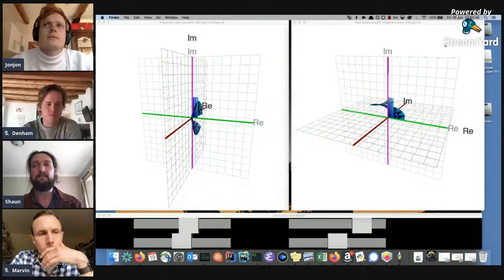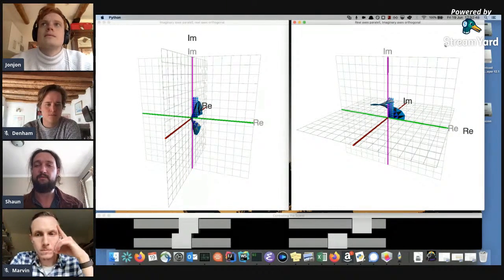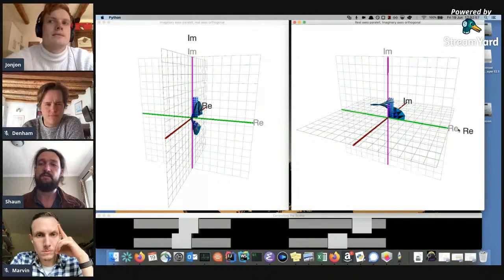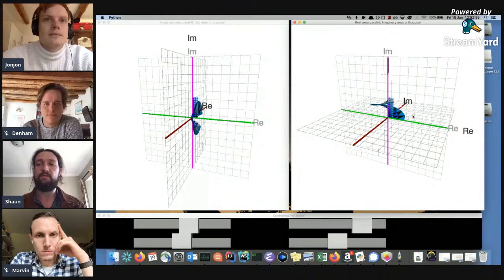And then in the right-hand graph, we take the domain plane and rotate it 90 degrees about the real axis, so that the real axes of both the image and the domain planes are parallel. They're the same axis.